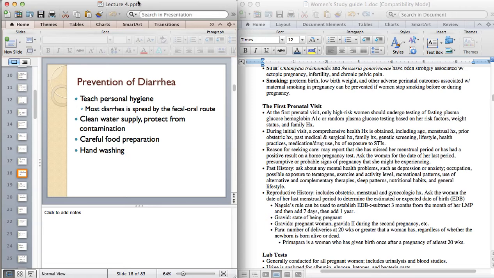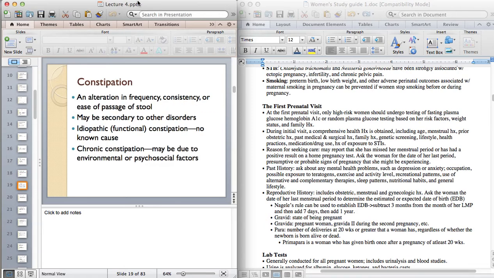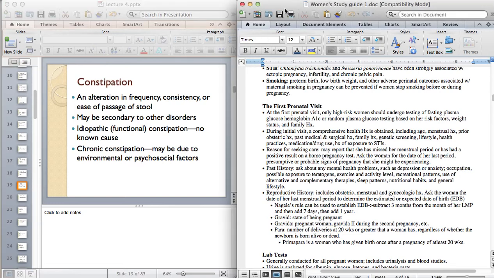Mineral oil, doesn't that act as a lubricant instead of softening? Is that for softening the stools? No, just plain mineral oil.